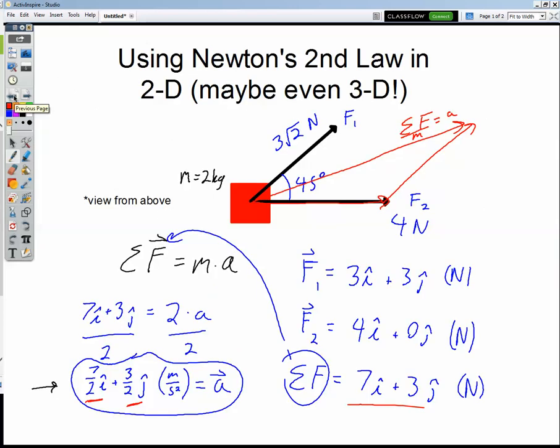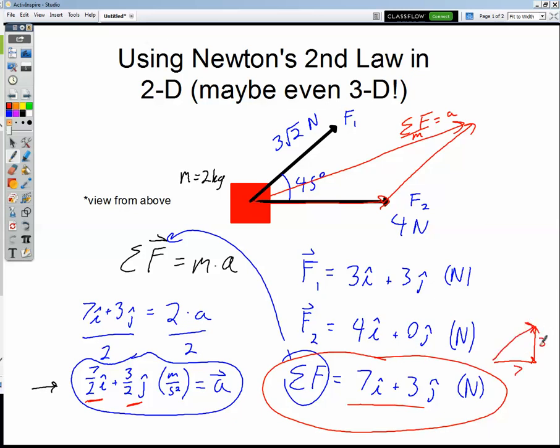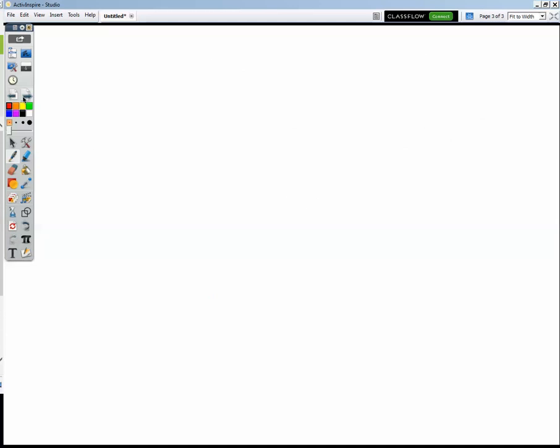If we wanted to get a magnitude and direction of the net force, again, draw in your components, 7 in the i, 3 in the j, and you've got Pythag to give the magnitude, inverse tangent to give the direction. All right? Let's take a look at another example where we derive the force equation based on other information.